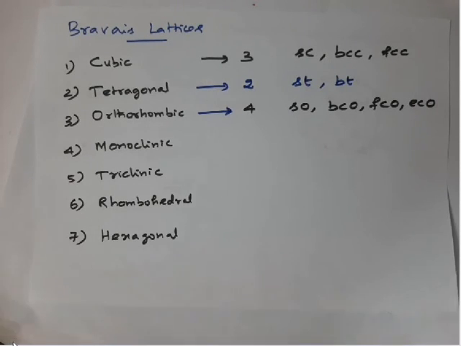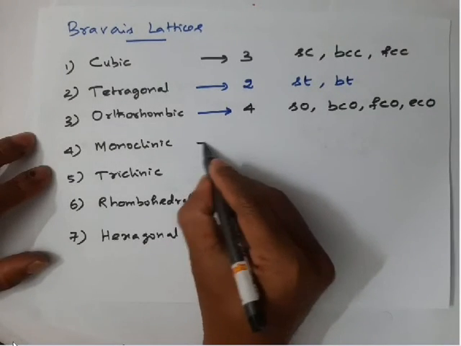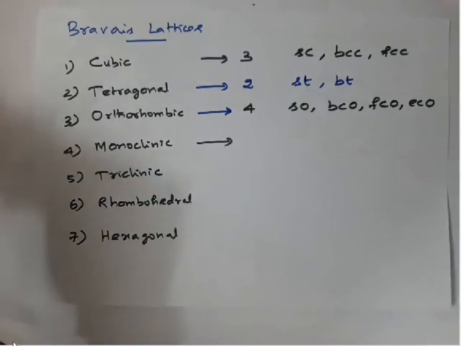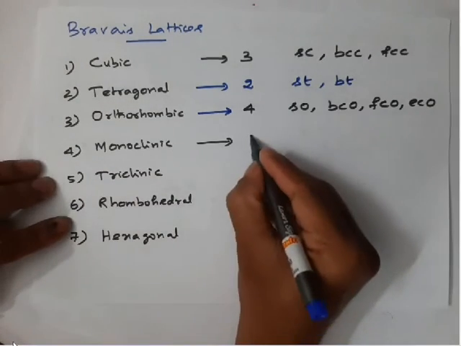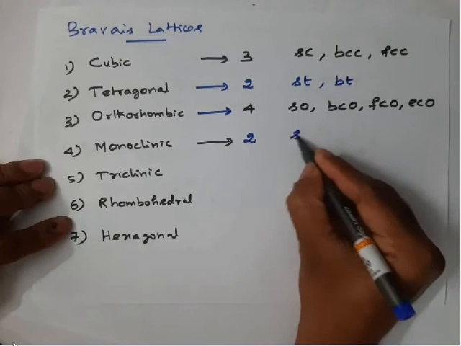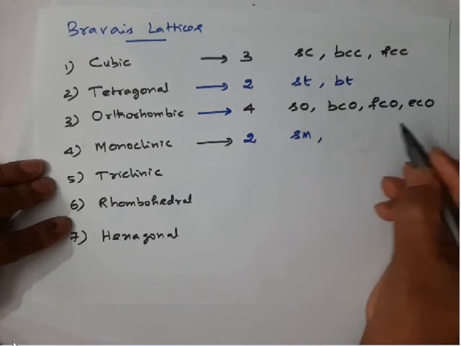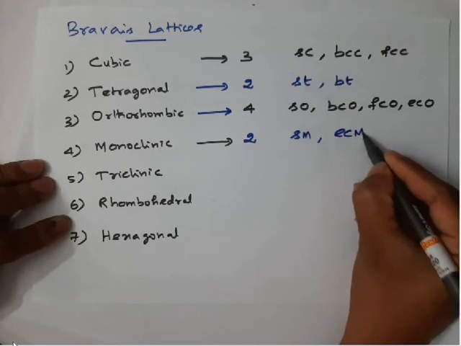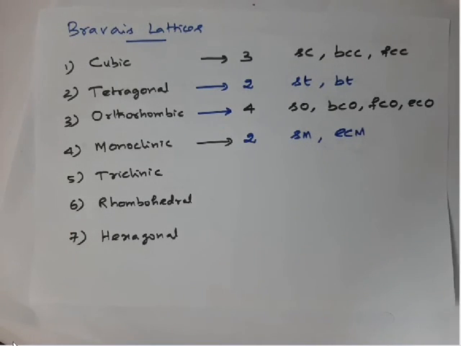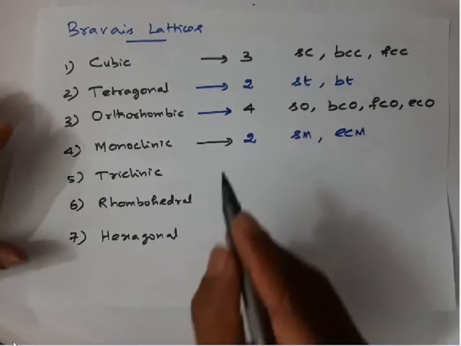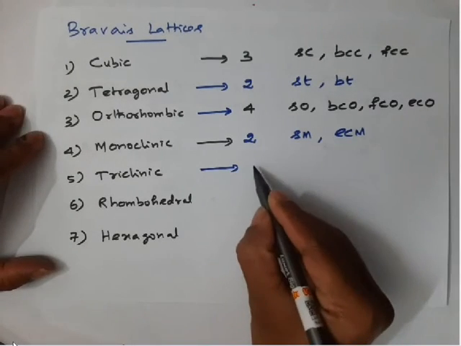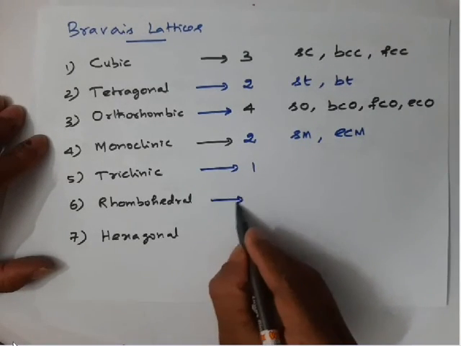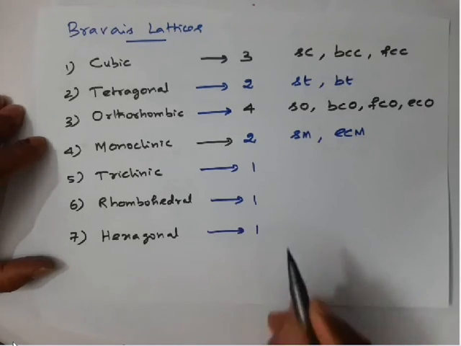In monoclinic, 2 different types exist: simple monoclinic and end centered monoclinic. In triclinic 1, in rhombohedral 1, in hexagonal also 1.